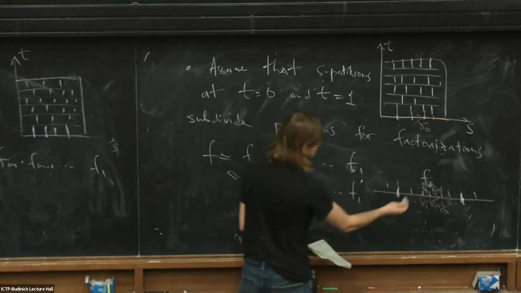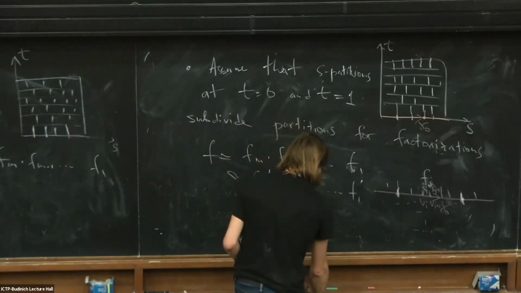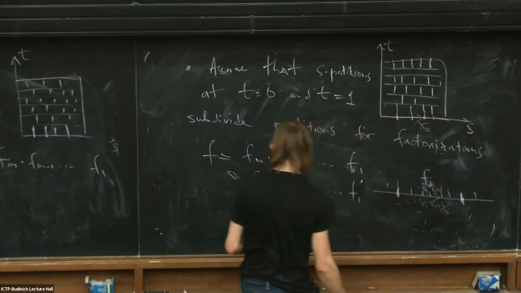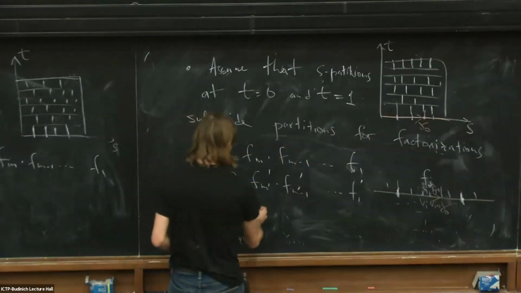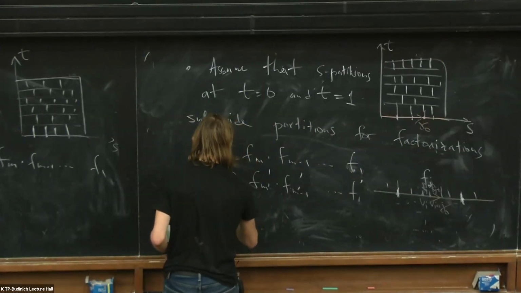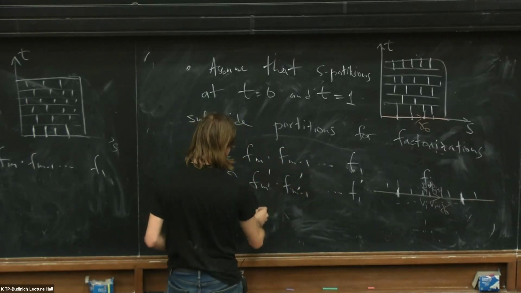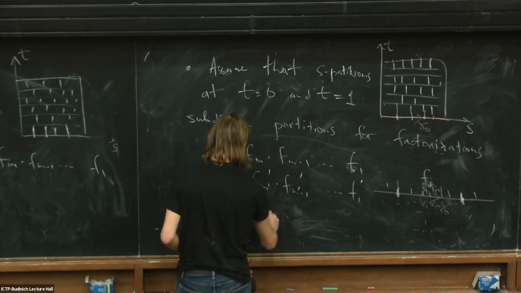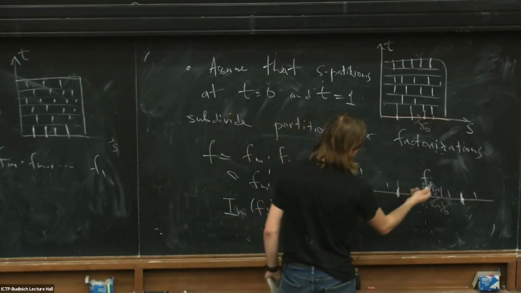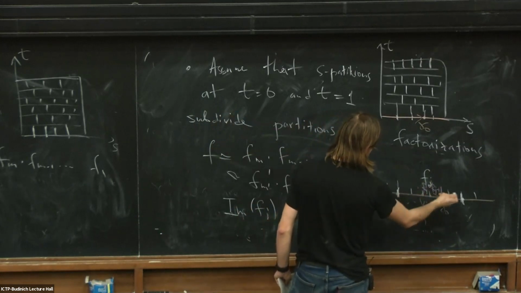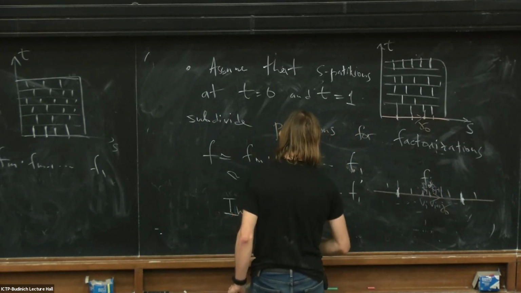Two rectangles. By construction of the factorization, we know that the image of fj, so this part of the path f, which corresponds to this interval, belongs to one of the A alphas.